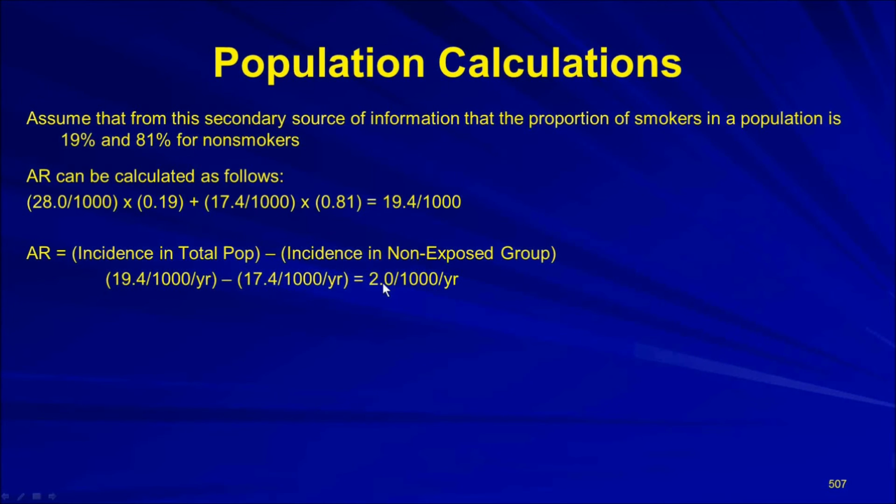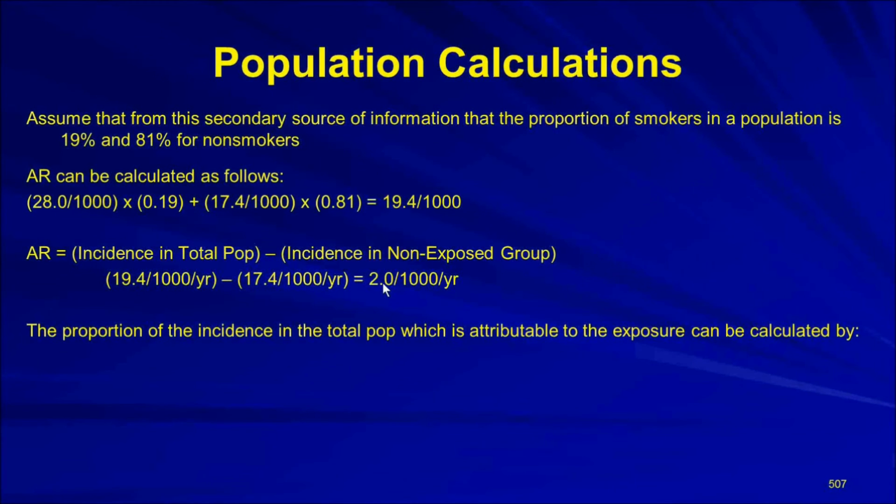Okay, now you may realize before that the attributable risk was 10.6, so it's dropped quite a bit. So we are beginning to wonder at this point, well, maybe the group sampling procedures, or the group that we used and then we sampled from, is not a very representative group.